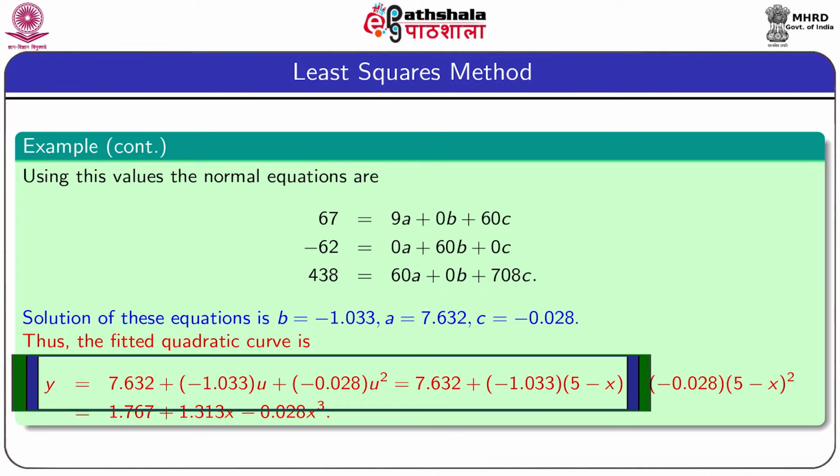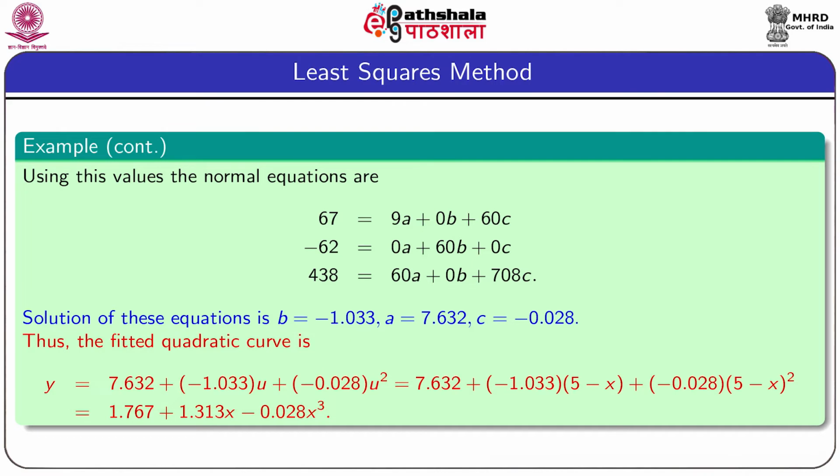After simplification, that means after substituting the values of u, we get y = 1.767 + 1.313x − 0.028x². So this is the fitted quadratic polynomial for the given set of data.